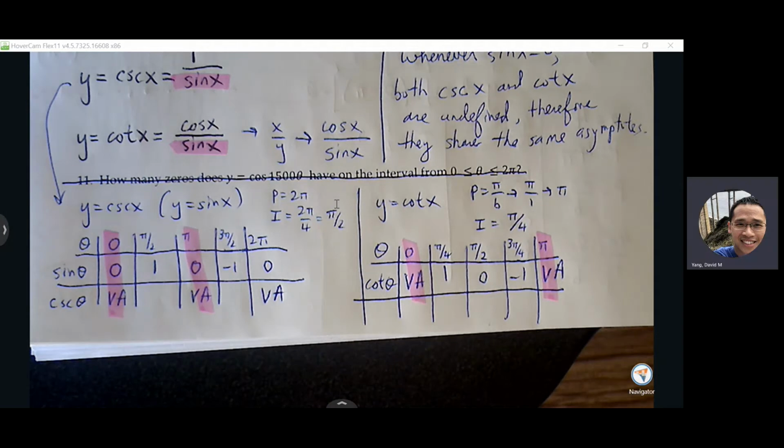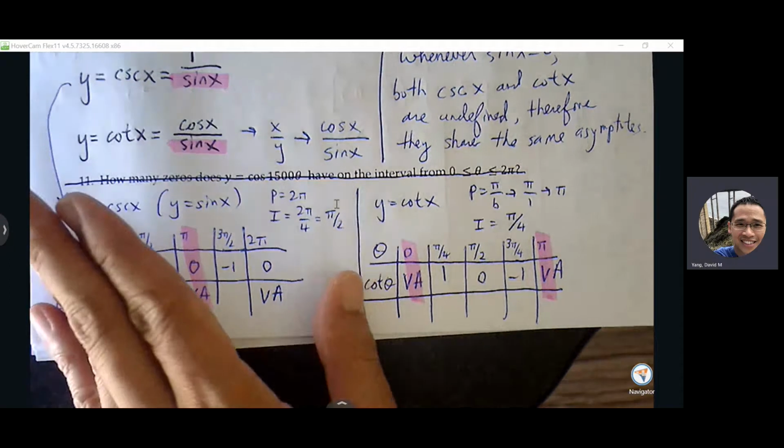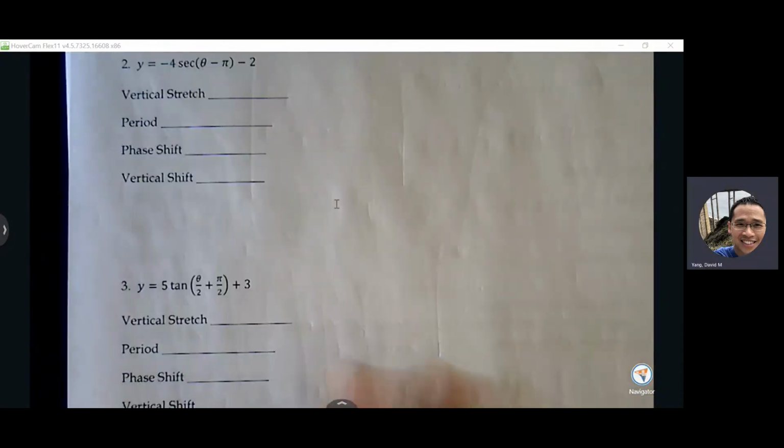Okay, so your test tomorrow will be similar to the test review that we went through. You can also use the sheet that you picked up to help you see what to expect.